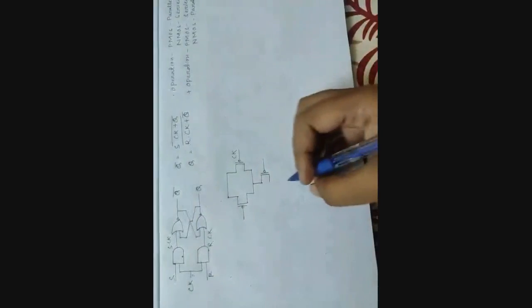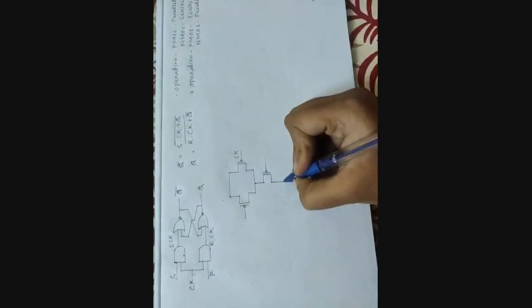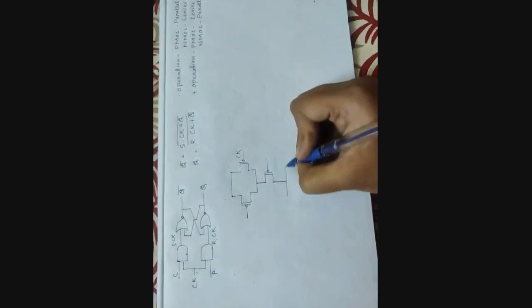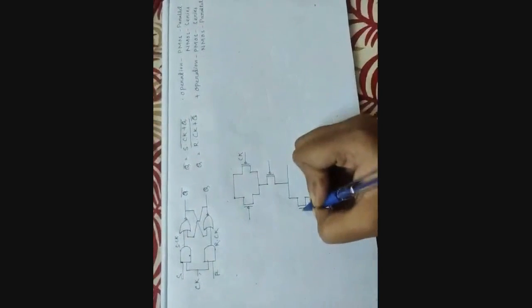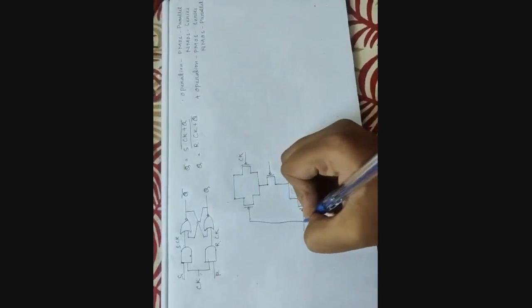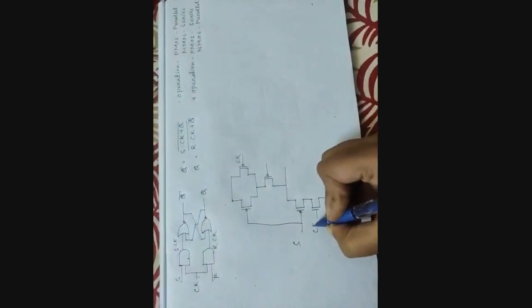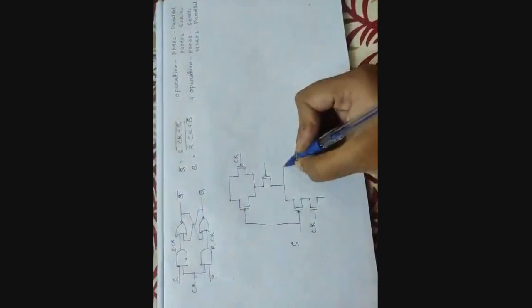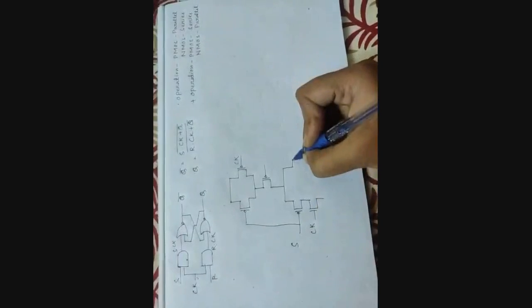So the PMOS part is complete. Then we draw the NMOS part. For NMOS, S into Ck is connected in series. Here is the input S and this one is the Ck. Then Q is connected with them in parallel.